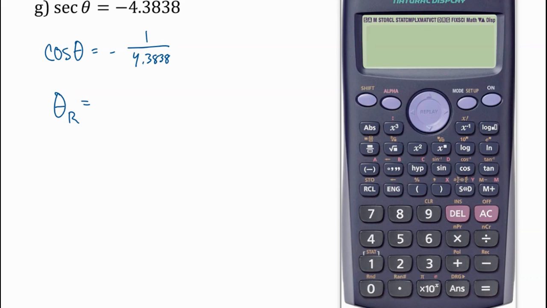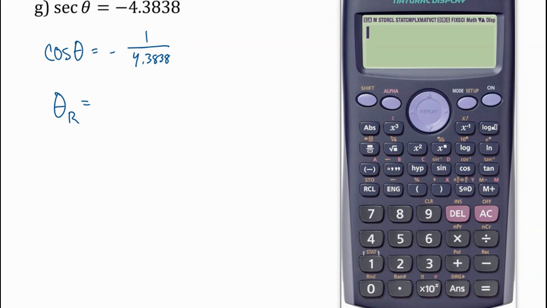Remember, you don't put the negative into your calculator. The reason is you don't understand what your calculator does when you put a negative in. You could figure it out. But the safer way is not including the negative, because then you get theta related, and then you know what to do with theta related and the negative, because that's all the work that we've been doing.